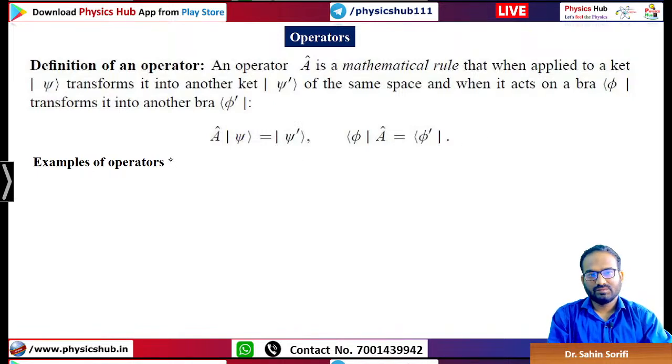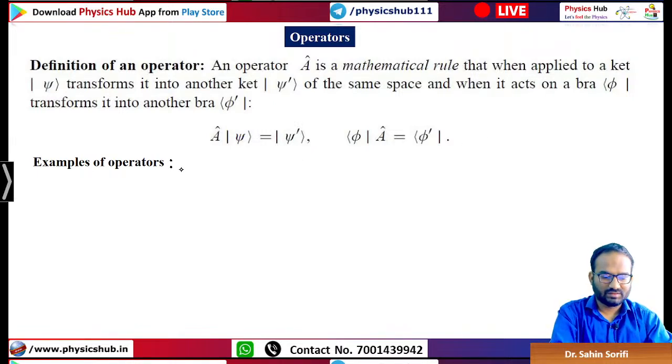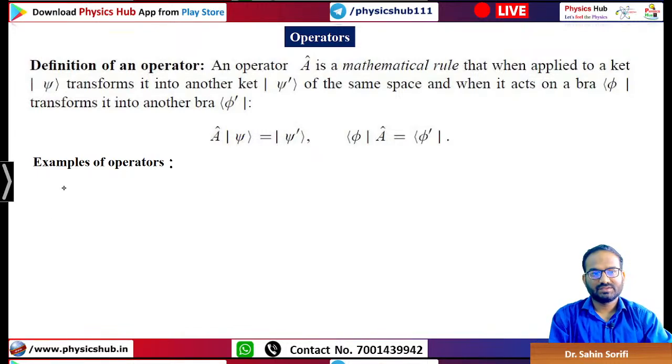Now let us talk about some examples of operators. First of all, the unity operator. The unity operator leaves things unchanged.